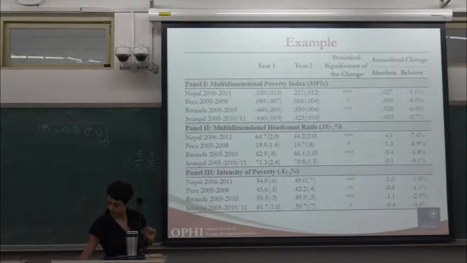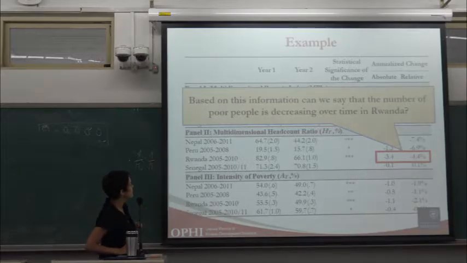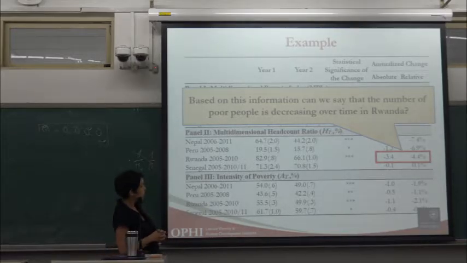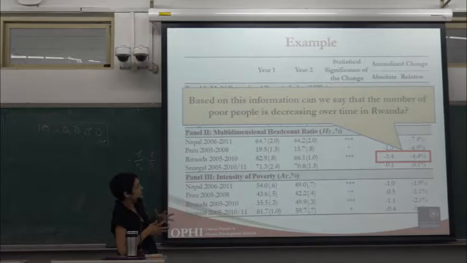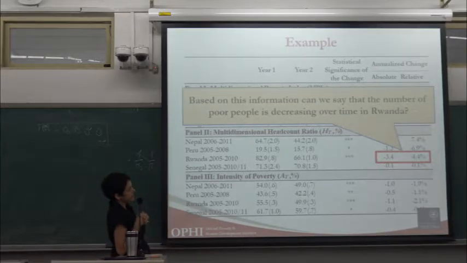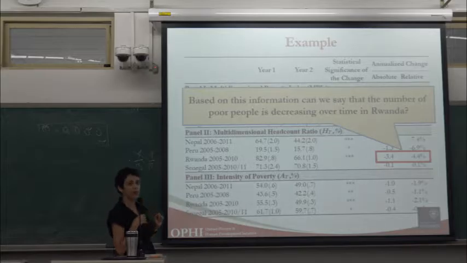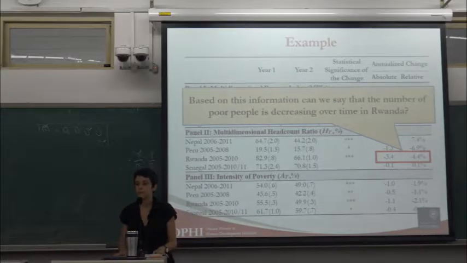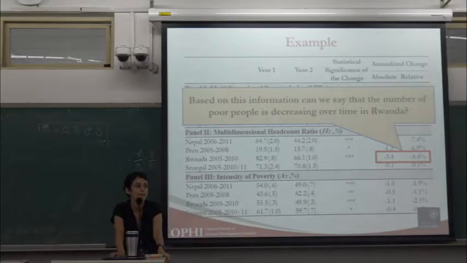Now, if I would just ask you, in Rwanda, based on the information in this table, can we say for sure that the number of poor people in Rwanda has decreased between 2005 and 2010? Yes, it depends on the population growth.